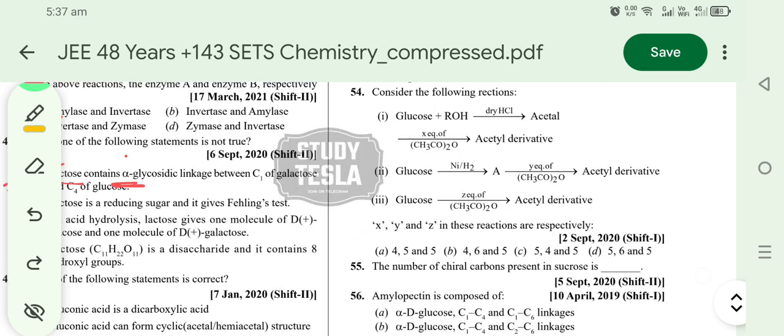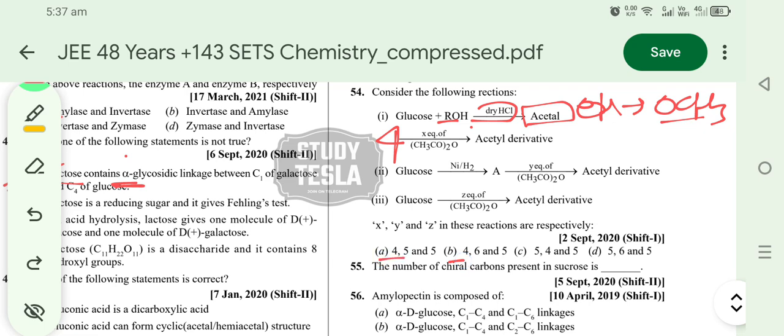Glucose with alcohol in HCl condition gives acetal. In that acetal, one of the hydroxy groups is converted to a methoxy group. So only four hydroxy groups are present, and it gives tetraacetate. Glucose with Ni and H2 gives sorbitol.